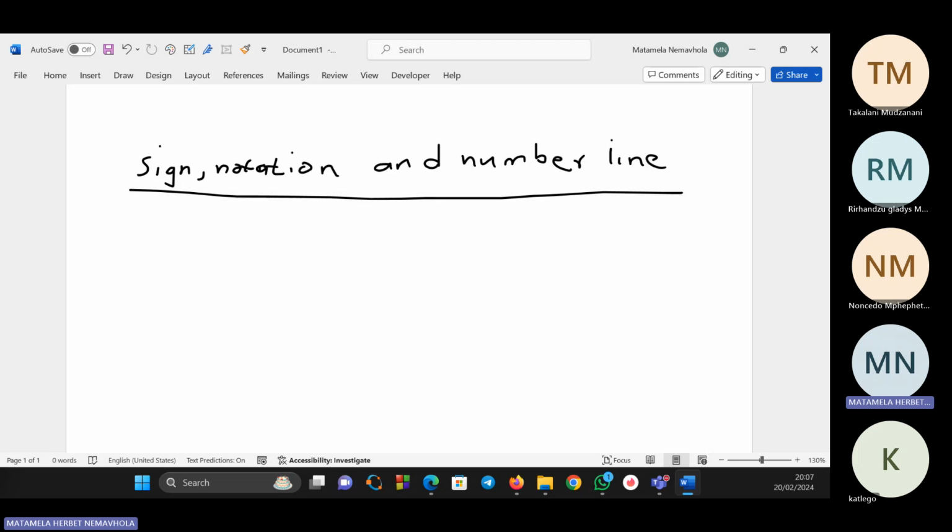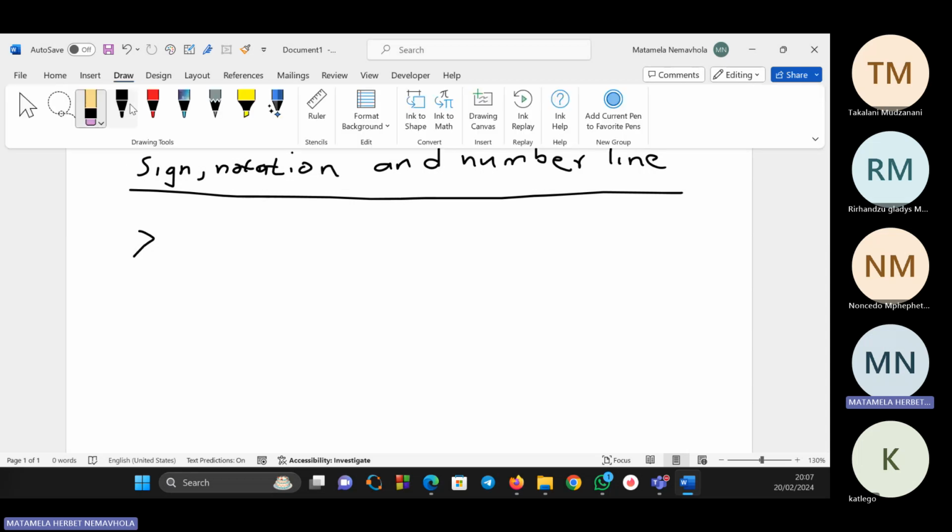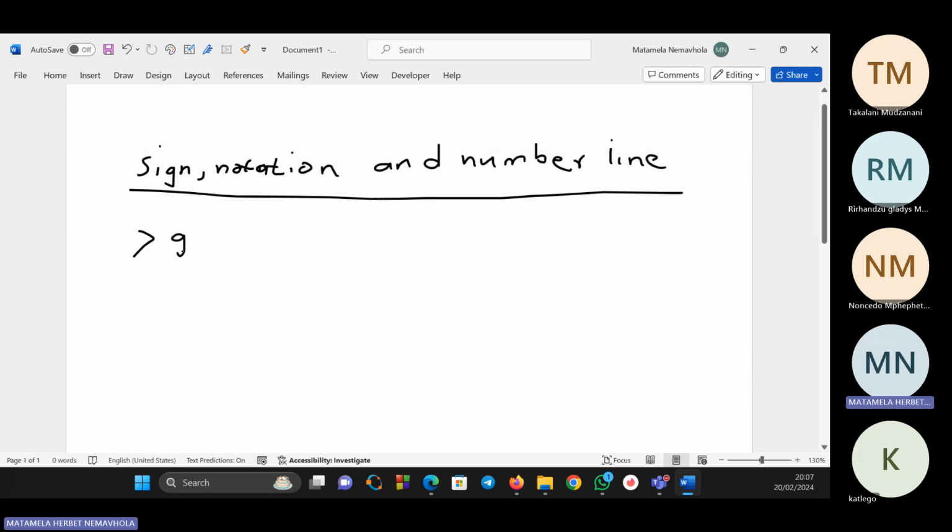So in this chapter, which we are doing today, you have seen, maybe you know, that this sign means greater than. It's very important to understand that greater than. And this one is less than.